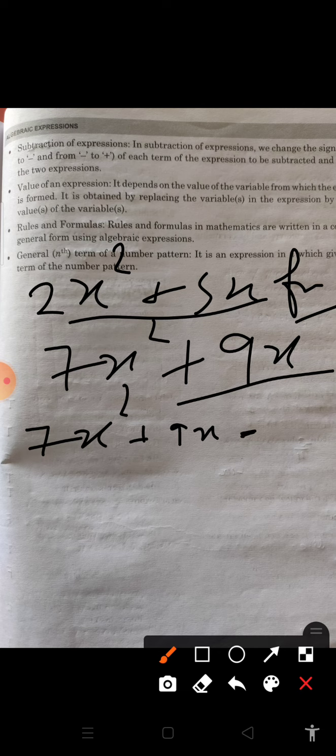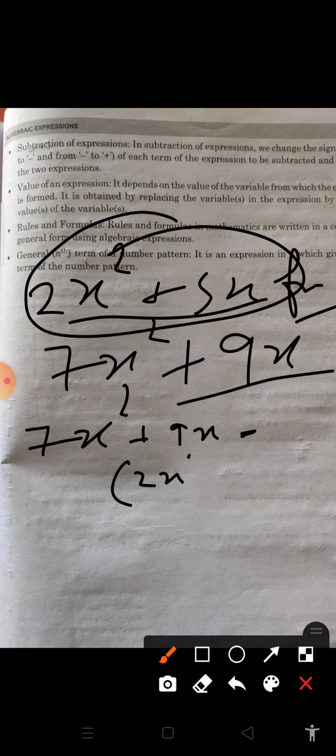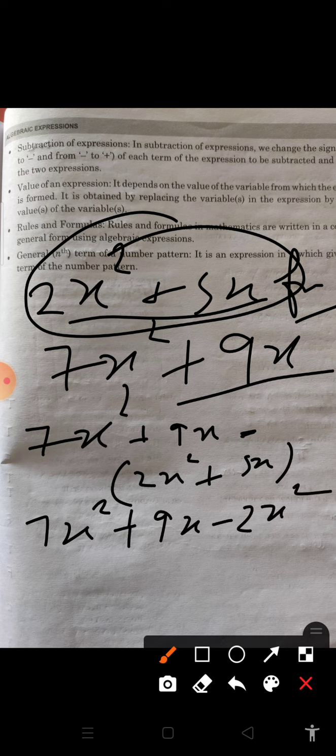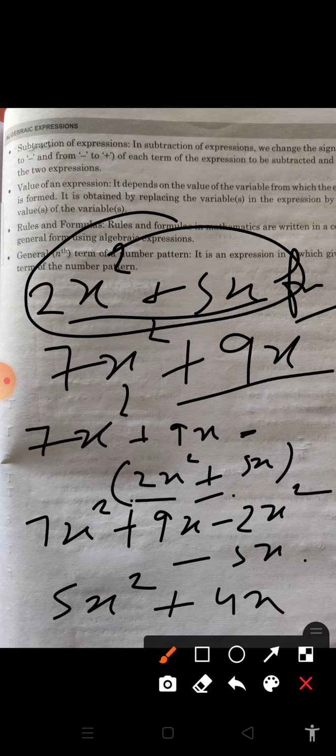Now for the subtraction, we write the other in brackets, 2x square plus 5x. Now we open the bracket and change the signs: 7x square plus 9x minus 2x square minus 5x, because both have a plus sign, so we write negative. If there is a negative sign, then we write positive. So 7x square minus 2x square, 5x square, 9x minus 5x, so plus 4x. This is the answer.